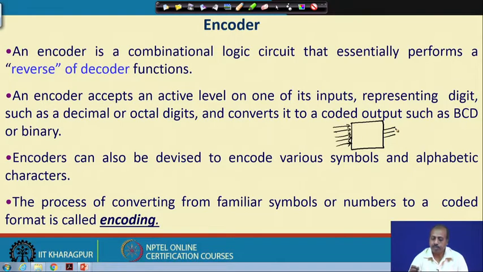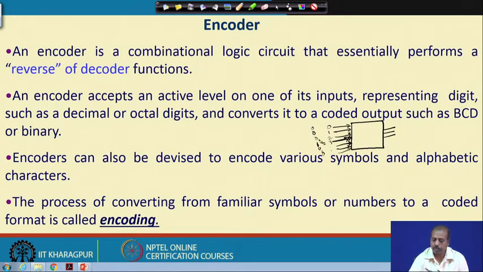What I mean is, suppose on this side I have 8 inputs, and these are the input numbers 0, 1, 2, 3 etcetera. Now, suppose input number 3 has been made active. So, this is equal to 1 and the rest are all 0 as far as the value is concerned.